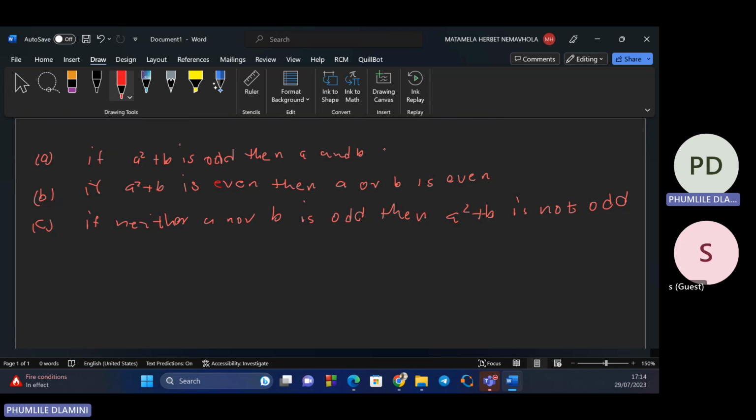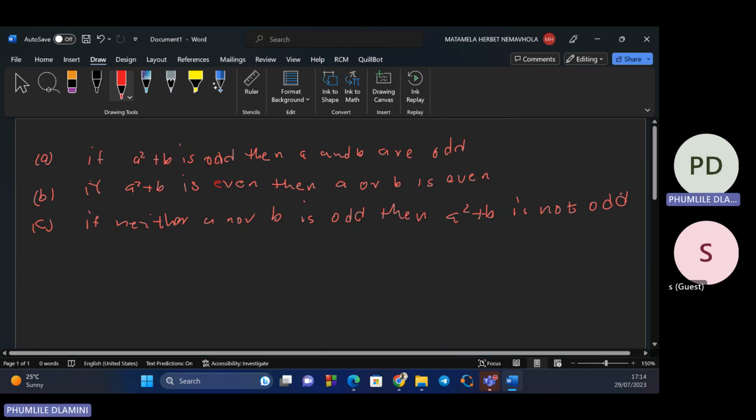The A and B are odd. The only thing that needs to change is this and or there. The other things are fine. So this one is fine, and this one is also fine.